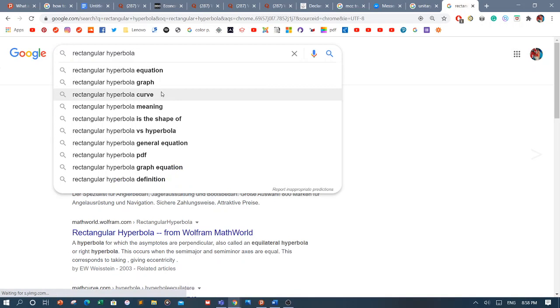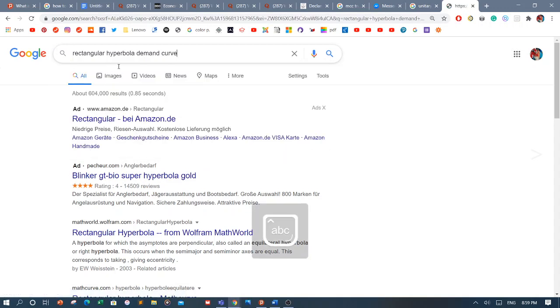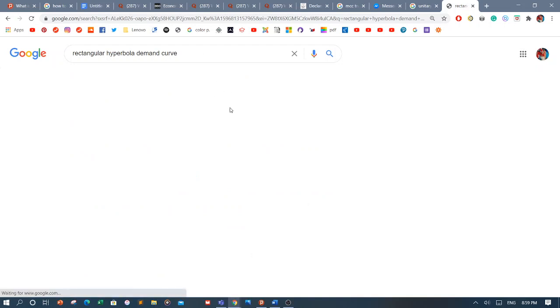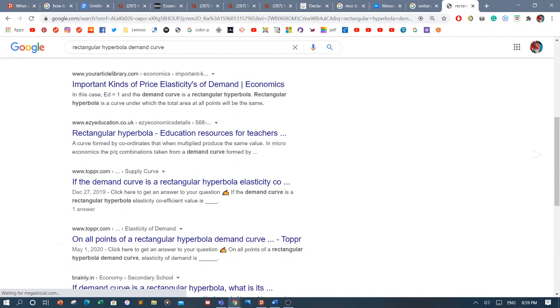Yes, you are right. But why is it called a rectangular hyperbola? Because at every point the PED will be the same. Okay, but why are they using the term rectangular? There is something associated with that. Yes, Sophia?